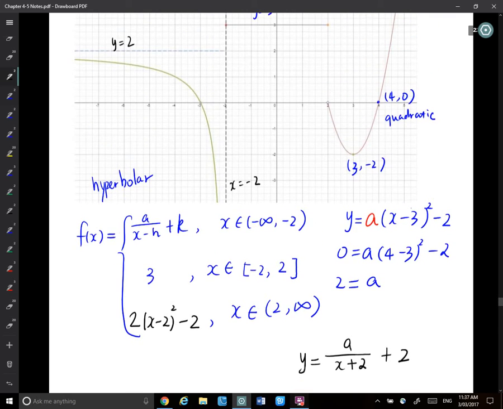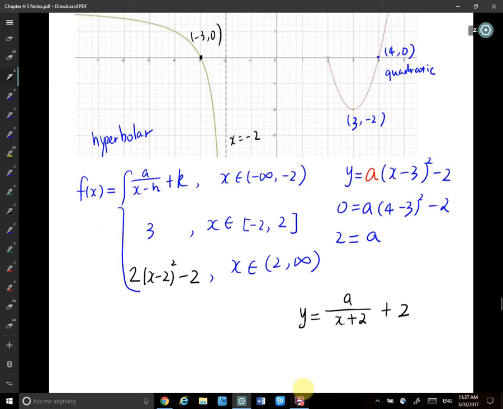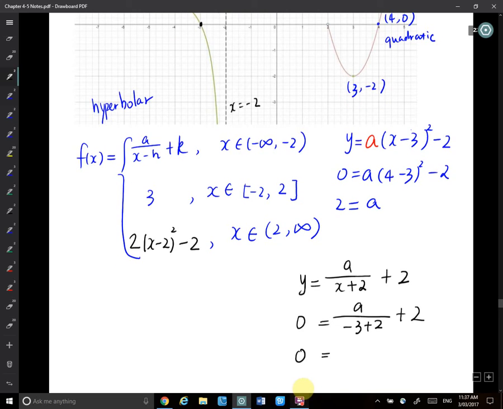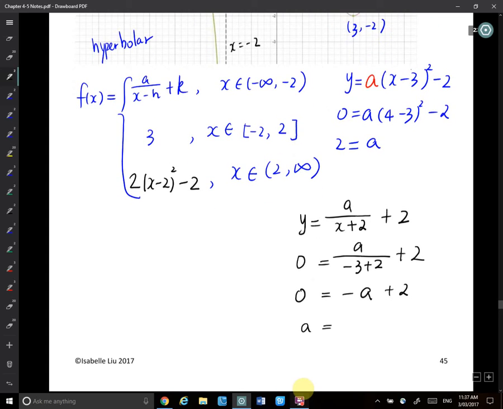And I need to find one point. The point is here, -3 and 0. I can see -3 and 0 on the graph. So I will substitute y equals 0. A over -3 plus 2, plus 2. 0 equals minus 1. A divided by minus 1 is minus a. So a equals 2.